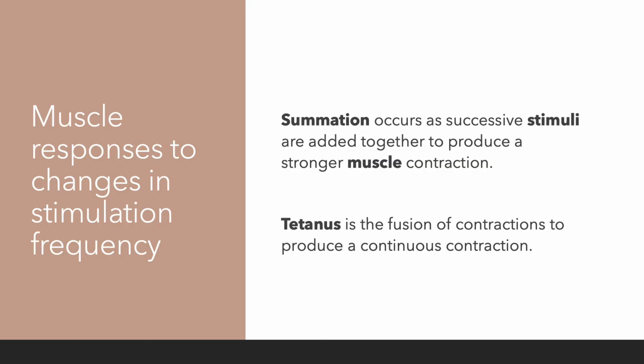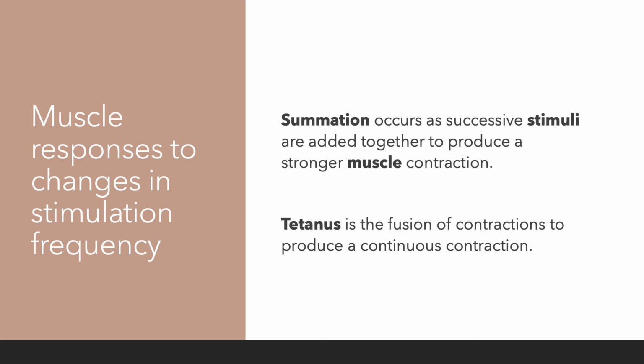So muscles can respond to changes in stimulus frequency, and we call these two different changes in stimulus frequency either summation or tetanus. And you'll be performing exercises on a muscle, talking about summation, tetanus, and then recruitment, which will be in the next slides.